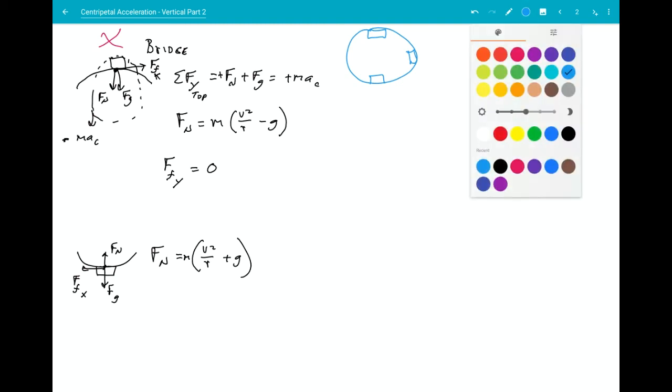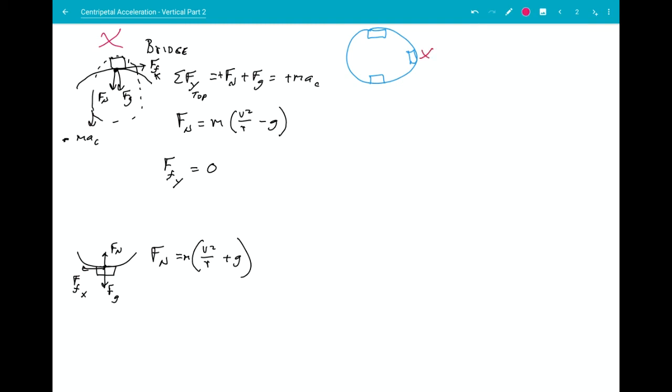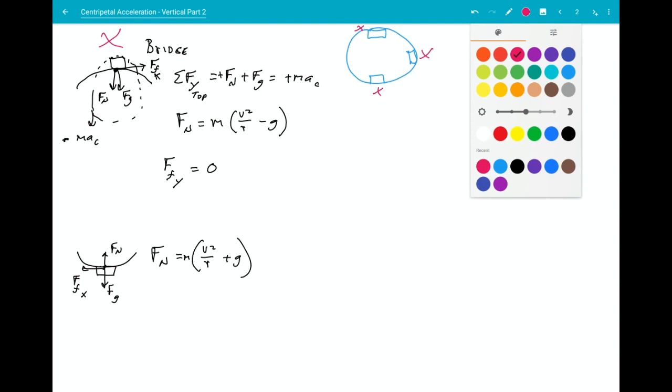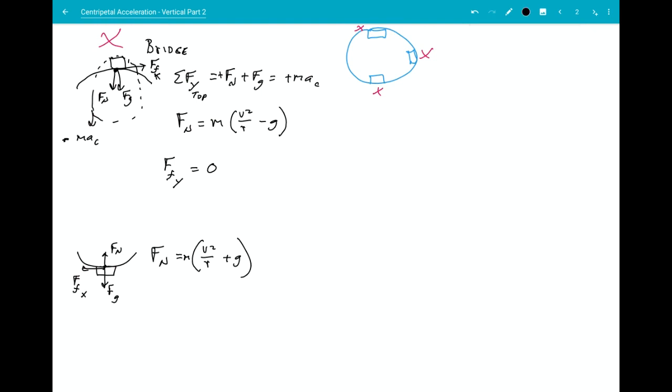Again, I am going to put this in red. There are no centrifugal forces on the outside. So in this case, it is the same math. What's going to happen is on top, you're going to have Fn, Fg, and again, all the forces, just like in all the other situations.